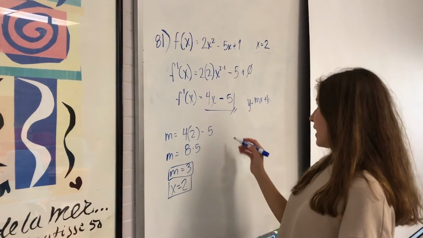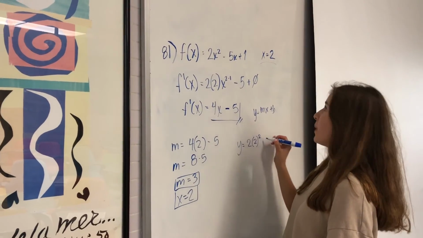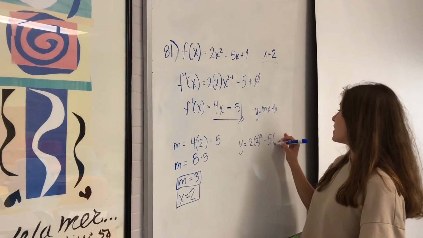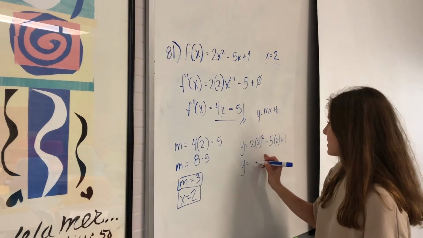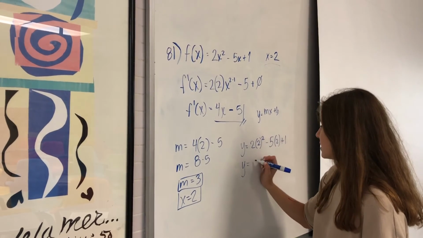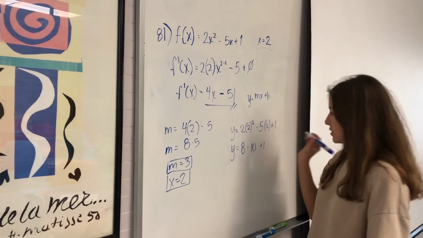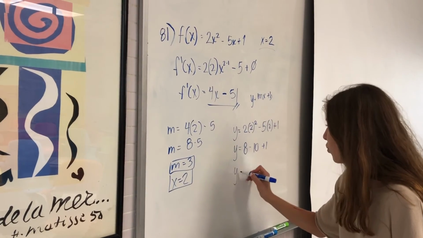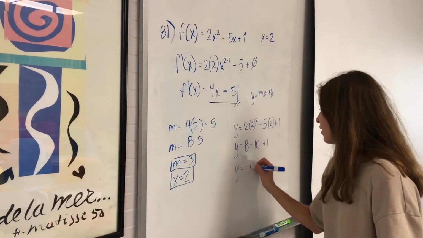We plug in the 2: y equals 2 times 2 to the second power minus 5 times 2 plus 1. Y equals 2 times 4, 8, minus 10 plus 1. Y equals 8 minus 10 is negative 2, plus 1, negative 1.